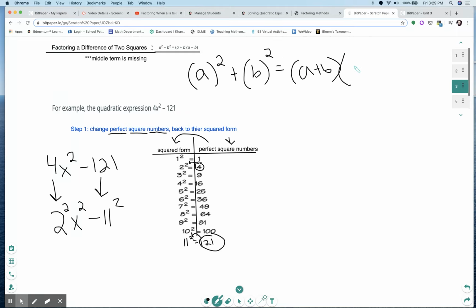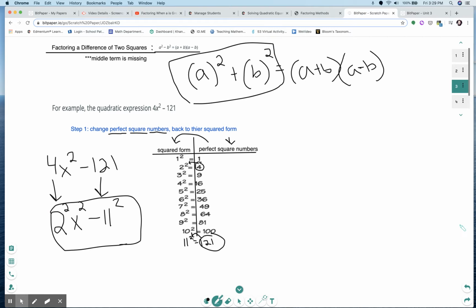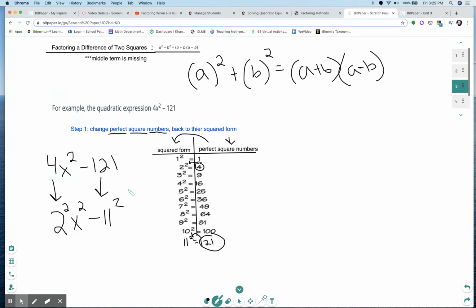The main thing I want to emphasize is the a and b in parentheses. Our whole goal is to make this look like this. We want those two things to look similar, so we can then identify a and b.